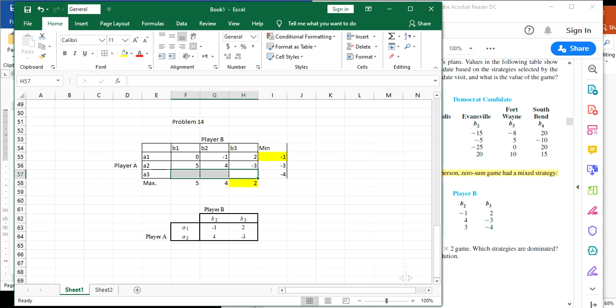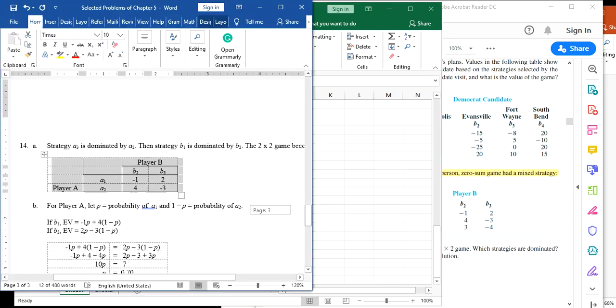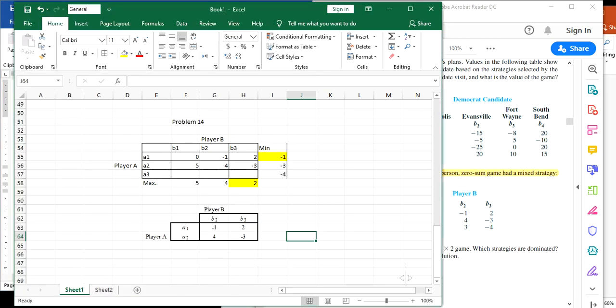So strategy A3 is dominated by A2, and strategy B1 is dominated by B2.